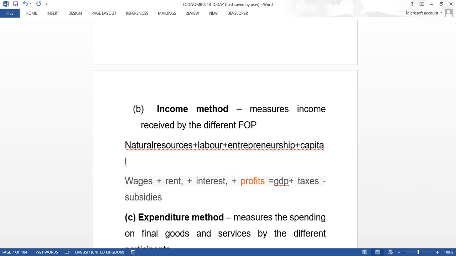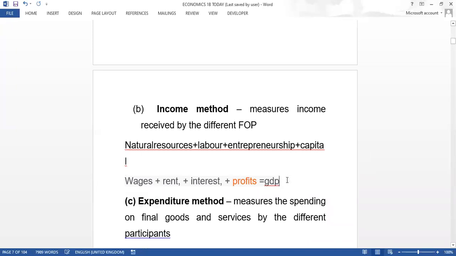So hence, as a result of that, for us to reconcile that, the GDP has to be adjusted with taxation and subsidies. But in general, for you to calculate the gross domestic product from the income method, you're simply supposed to add wages plus rent plus interest plus profits.